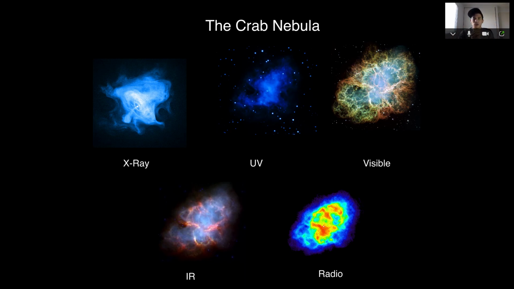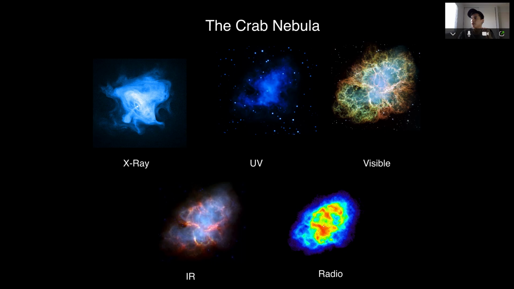Whenever a supernova happens, something is usually left behind: either a remnant called a black hole, which you already know about, or a neutron star. In the case of the Crab Nebula, there's a very, very tiny star called a neutron star right at the very middle.